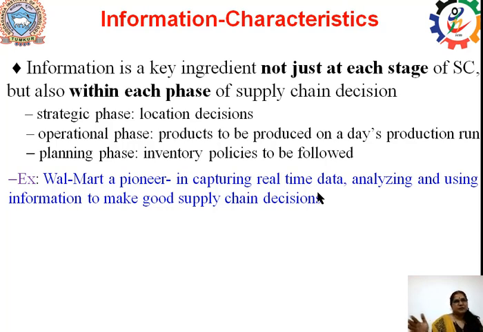It has to be immediately transferred to the upstream stages through the wholesaler, manufacturer, and then to the last tier supplier. If it reaches there at that moment itself, that is the best information technology that a company can have. Walmart has succeeded in that.